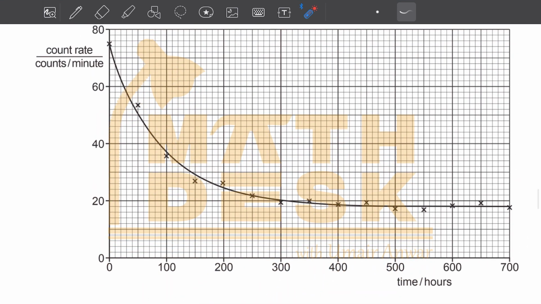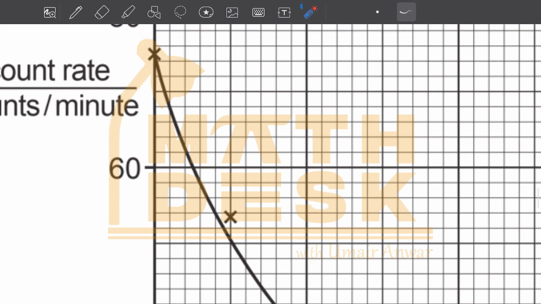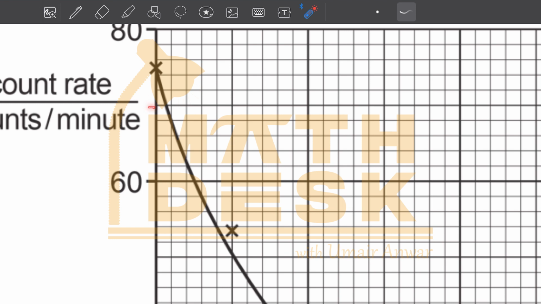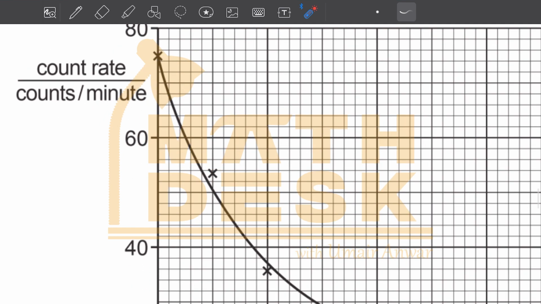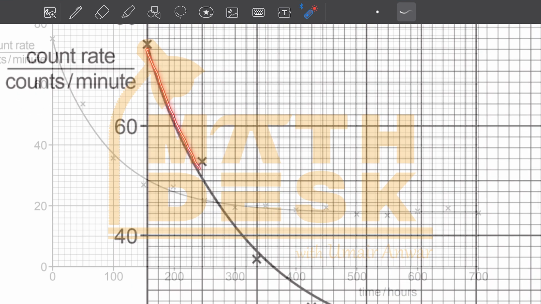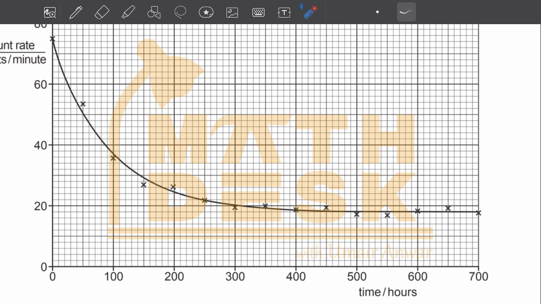Now from this figure, we can see that the count rate is starting at around 74 and then it is decreasing. But after reaching a certain value, the count rate is not decreasing further. It has become constant. If we take this value, it is equal to 18 on the y-axis.